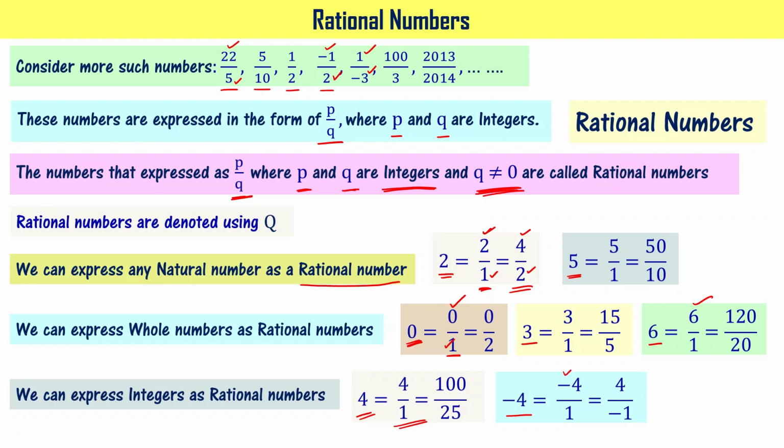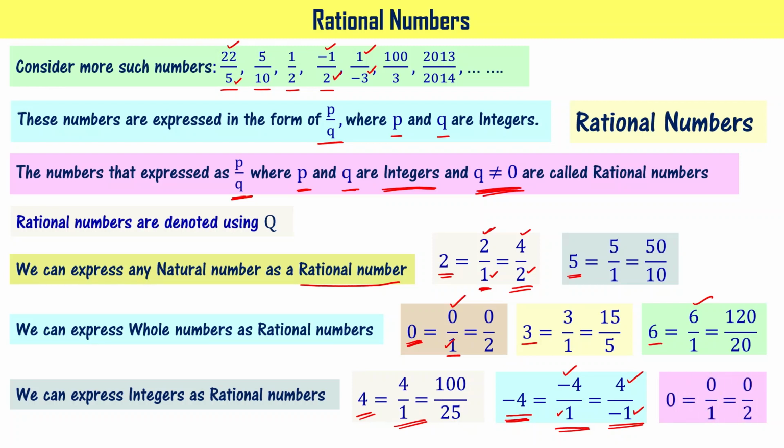In this case, both numerator and denominator are integers. That's why this ratio is called a rational number, right? Similarly, minus 4 can be expressed as 4 divided by minus 1, right? 4 is an integer and minus 1 is an integer. You see, minus 4, which is an integer, was expressed as a ratio of two integers p and q. That's why it is called a rational number.